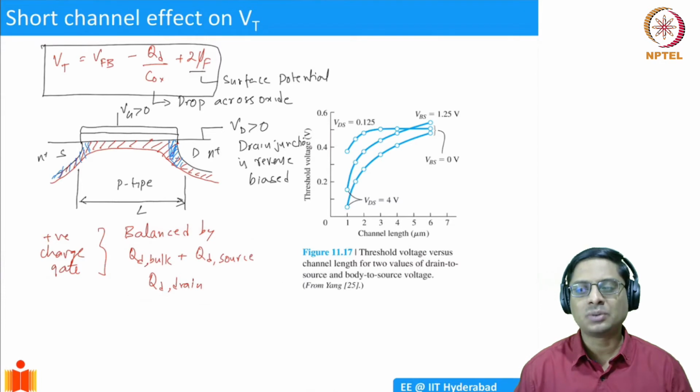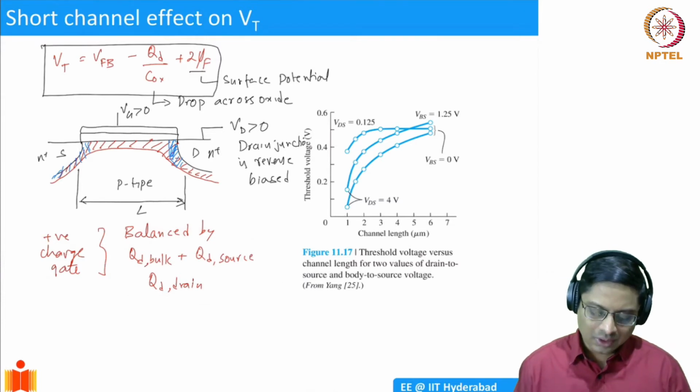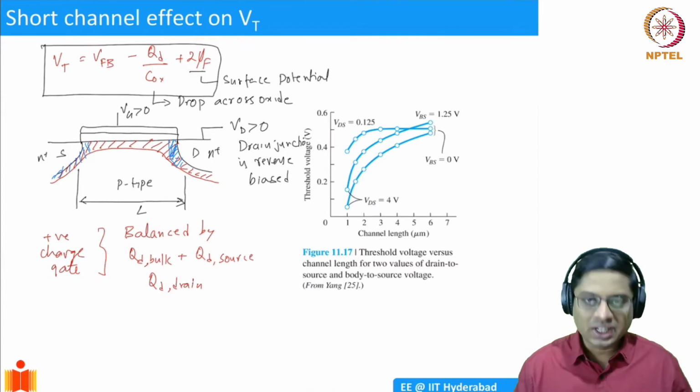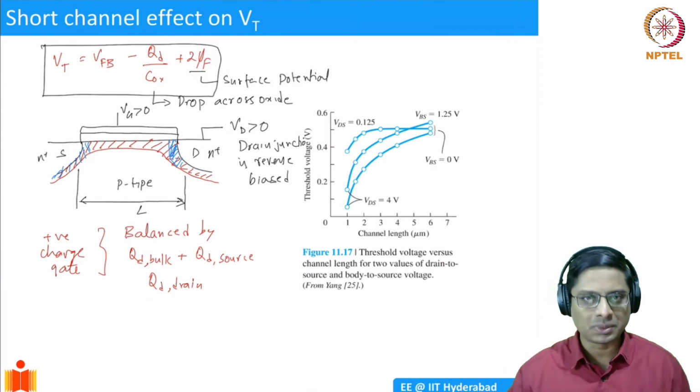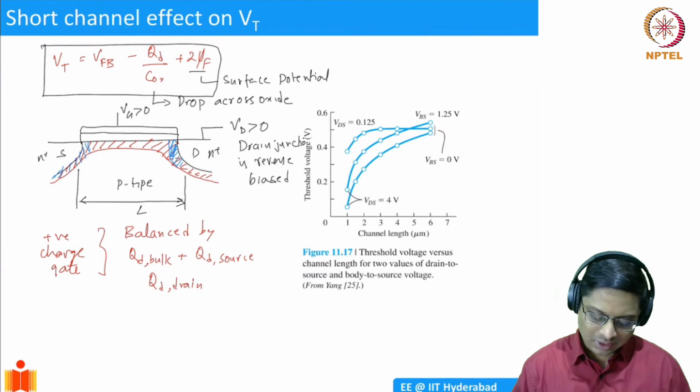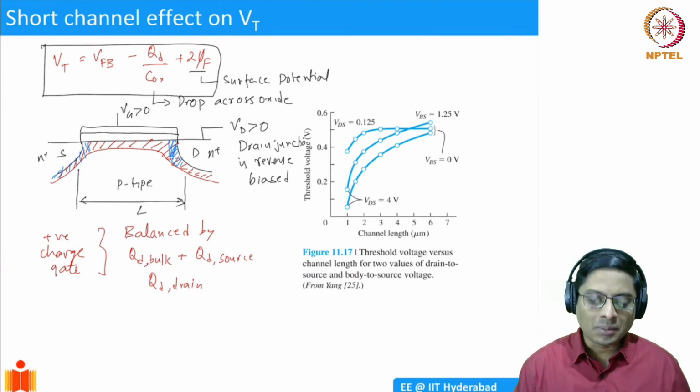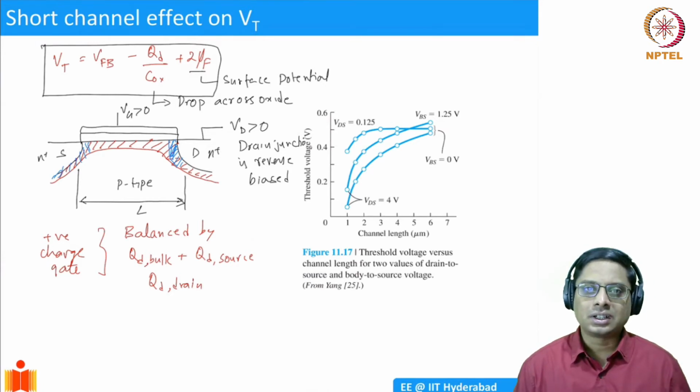Let's assume that inversion is not so significant right now. So this balancing negative charge has to be shared by these three terminals: bulk, drain, and source. Because of that, the amount of gate voltage necessary to create inversion is reduced because part of the depletion charge is supported by the source and the drain.